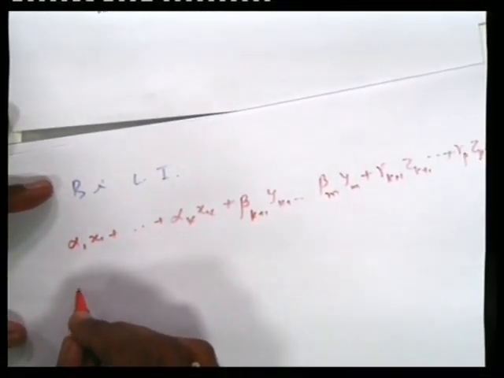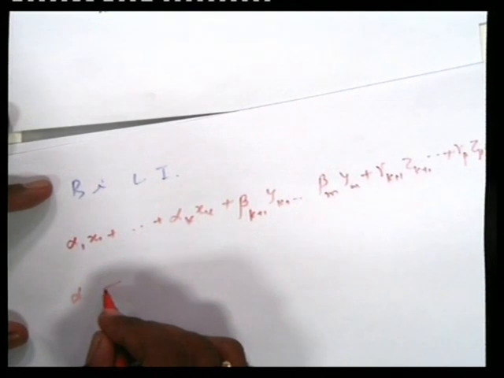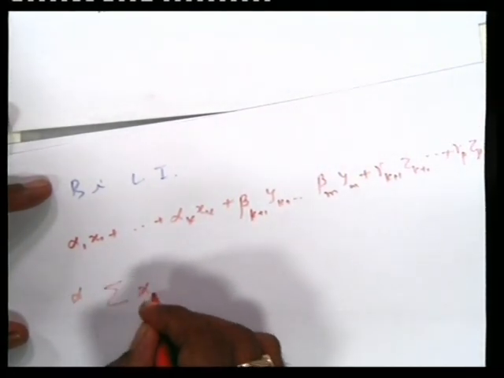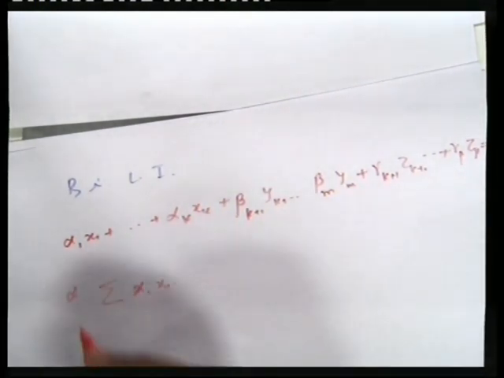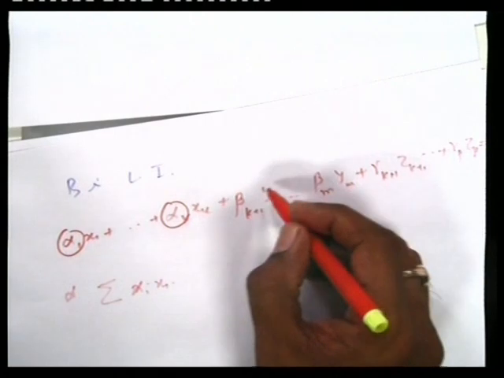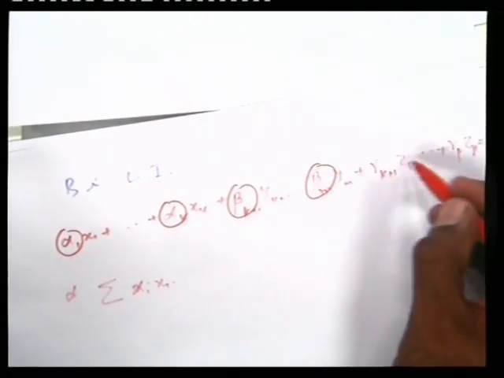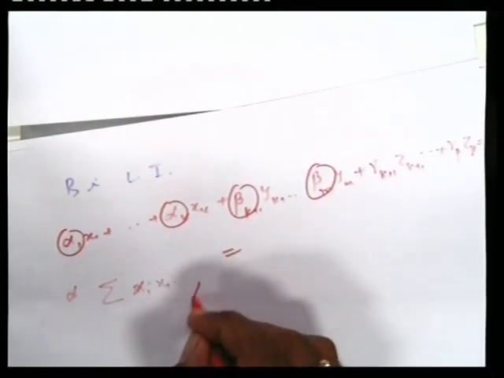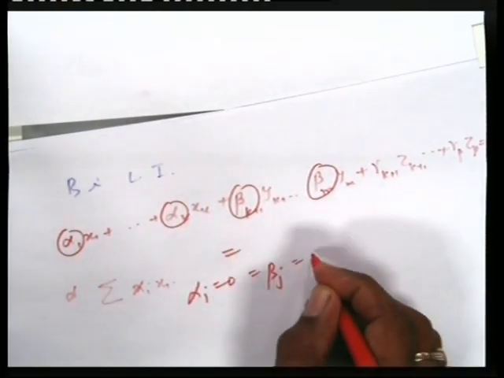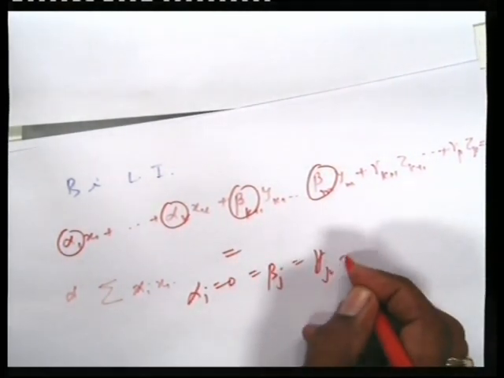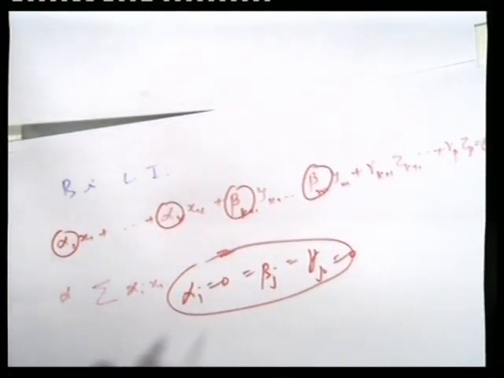Then we can easily prove that all alpha i's are 0, all beta j's are 0, and all gamma k's are 0, so this is a linearly independent set.